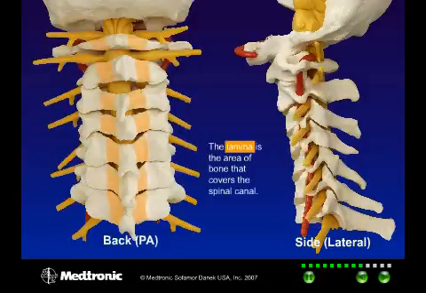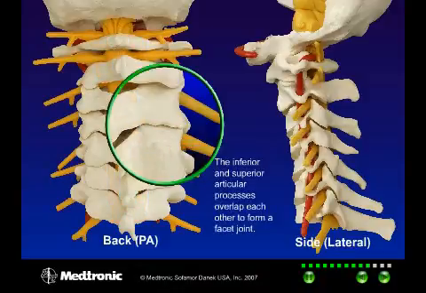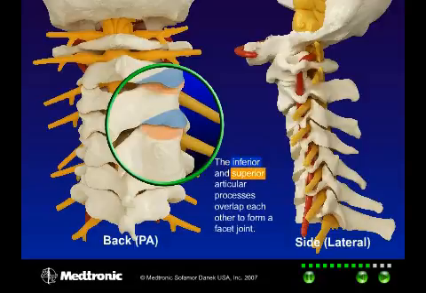The lamina is the area of bone that covers the spinal canal. The inferior and superior articular processes overlap each other to form a facet joint.